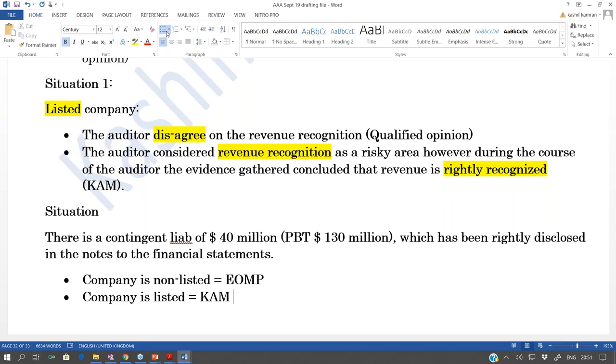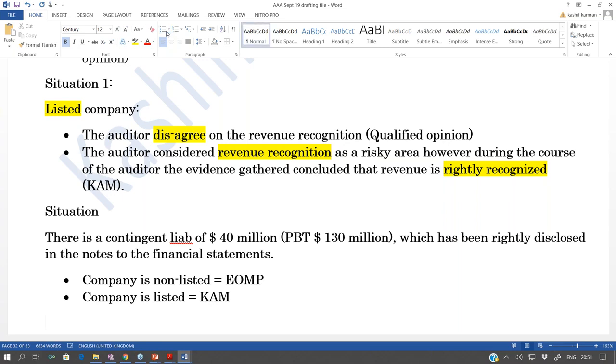But there is a problem with students. They rote learn that CAM is for listed and emphasis is for non-listed. Have you already rote learned this? CAM is for listed and emphasis of matter paragraph is for non-listed. You rote learn this, right? And you still have a confusion in your mind.